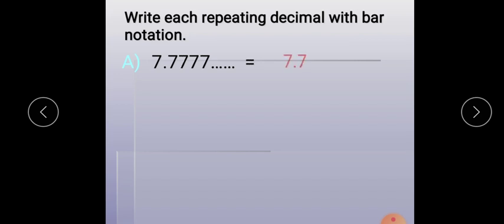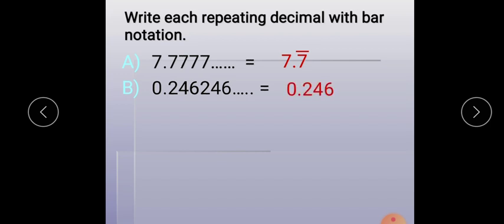We can write it as 7.7 bar. 0.246246. Because 246 is repeating, we can write 0.246 bar.